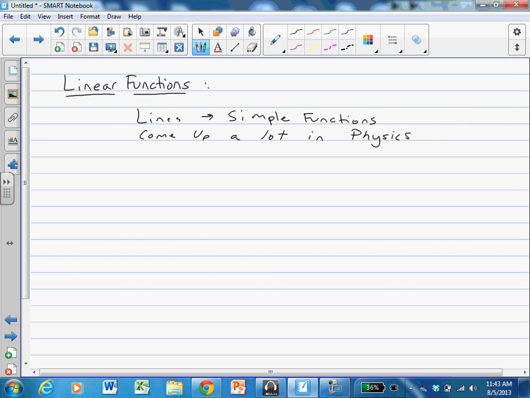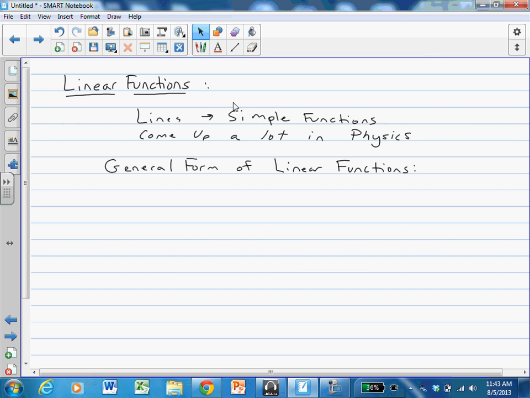And you have all seen this at some point, but the general form, for reminders of linear functions, was y equals mx plus b.